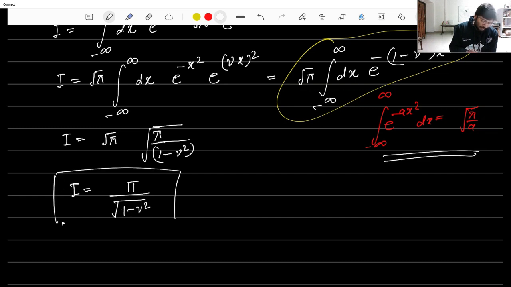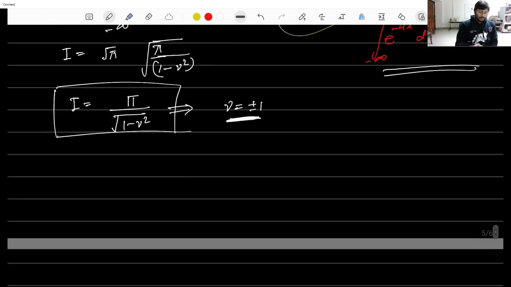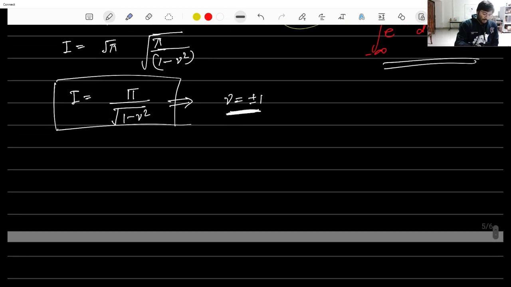So this is the integration of a two-dimensional Gaussian integral. But if you see, this value diverges for nu equals to plus minus 1. To understand why this particular integral diverges at these values, nu equals to plus minus 1, let me first tell you, at nu equals to plus minus 1, this denominator becomes 0, and so this term becomes something divided by 0, which is infinity, right.